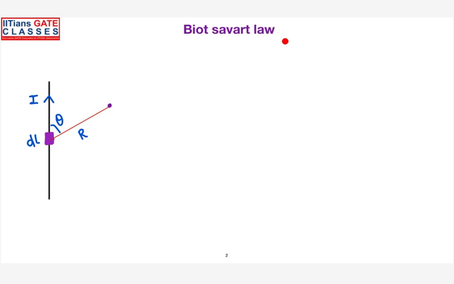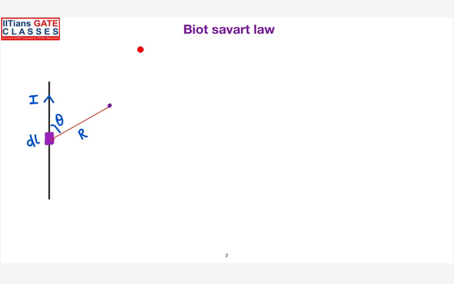But you have to keep it in mind, the Biot-Savart's law gives the magnetic field at this point due to a small current element. That means it will not give the magnetic field here due to the entire wire. You take a small portion of the wire, which I can call a differential length dl. So the Biot-Savart's law gives the differential magnetic field due to this current element.